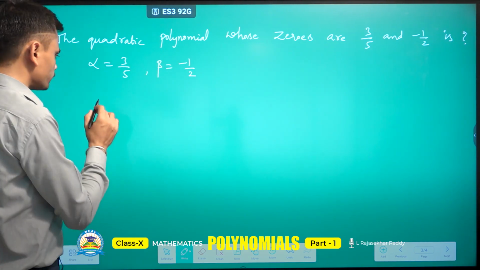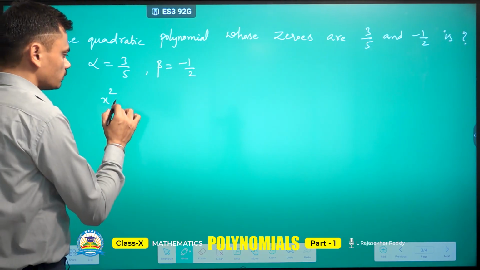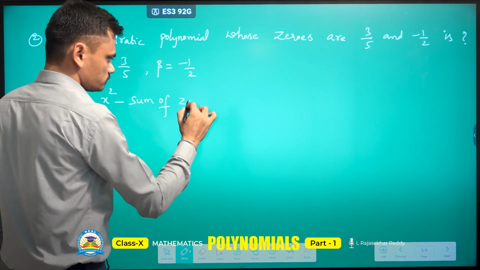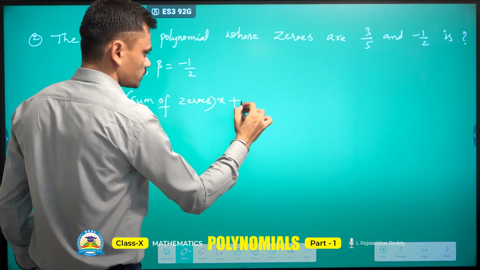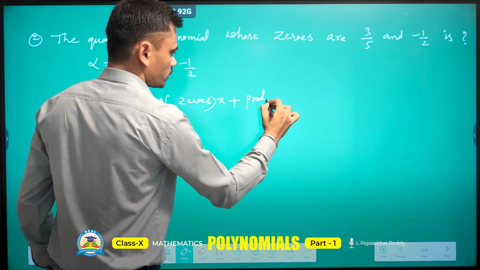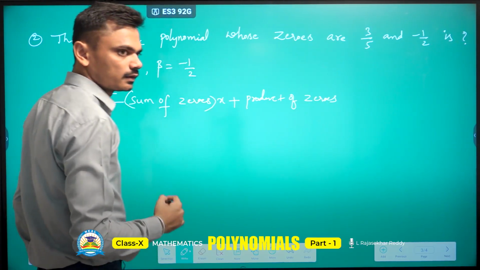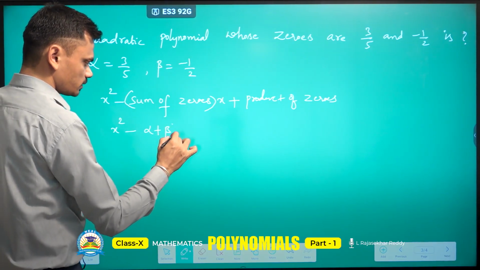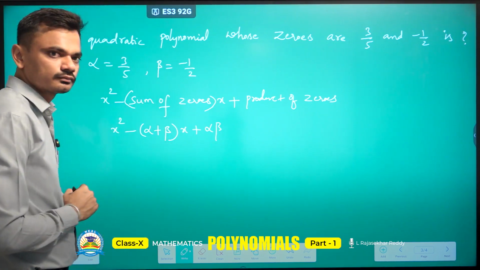So here there is a short form: x square, taking x as a variable, minus the sum of zeros into x plus the product of zeros. Nothing but x square minus alpha plus beta into x plus alpha into beta.